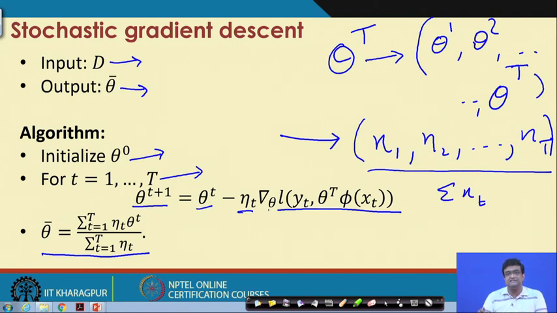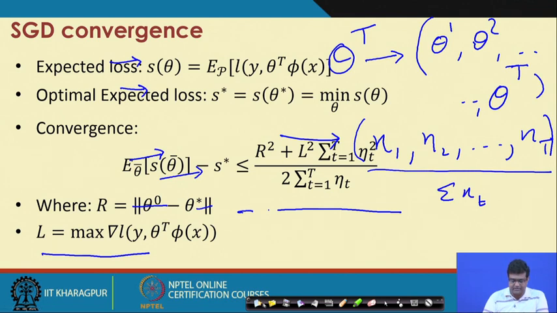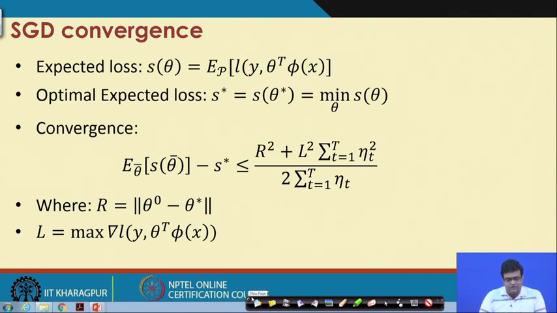So, you can clearly see that if this theta t provides, so what we will show. Okay, so let me go to the next one. Okay, so now S theta is the expected loss which we defined in the first class.